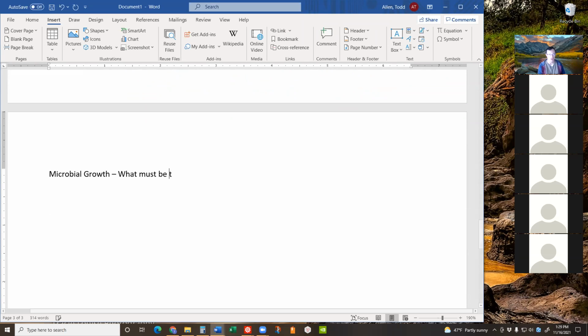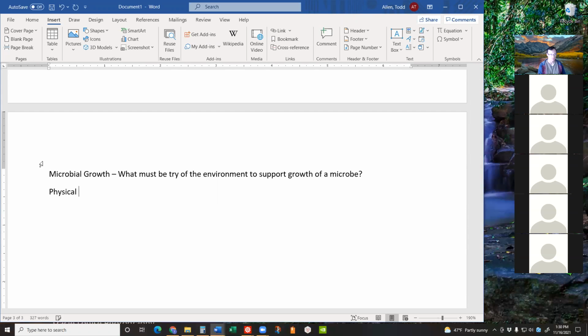What must be true of the environment to support growth of a microbe? These are common sense things, I think, such as physical requirements for growth.